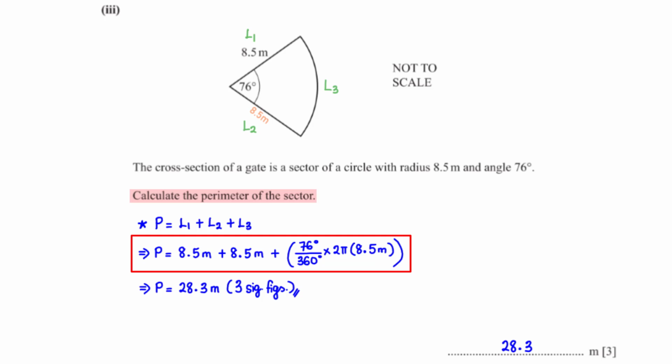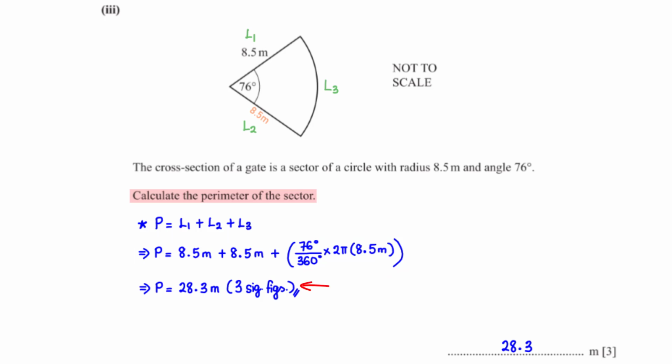To get L3, we apply the arc length formula theta over 360 degrees times 2 pi r, where theta is 76 degrees and the radius r is 8.5 meters. When we type this into the calculator, we get 28.3 meters rounded to 3 significant figures.